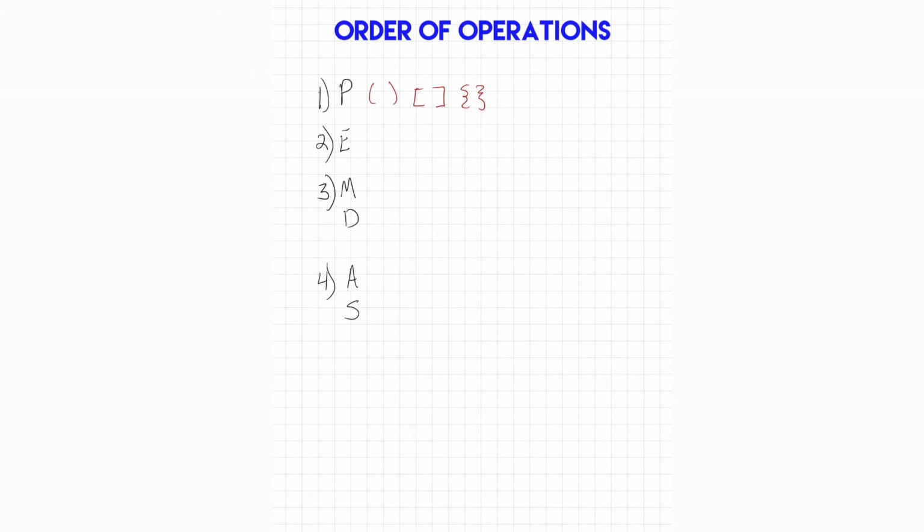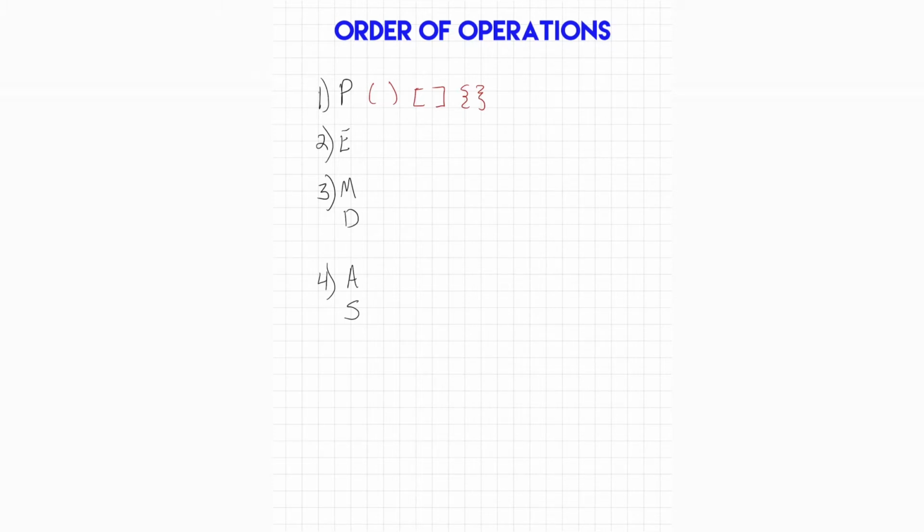So just in the event that we have a bracket and then inside the brackets are a couple groups of parentheses, we can tell those easier apart by them being different symbols. So for today's purposes, just know that if you ever see a parentheses, a bracket, or a brace, they're all considered parentheses. The second step is exponents.